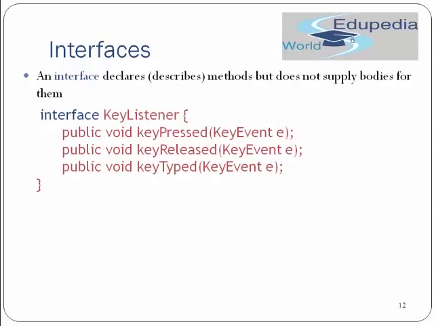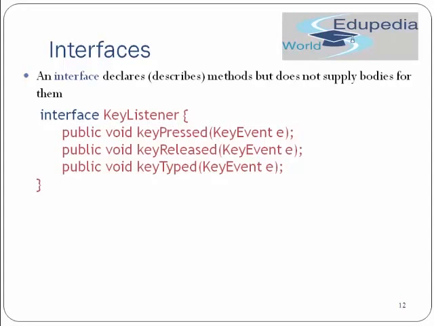You can see there is a keyword called interface and the name of the interface is KeyListener. And then we have three methods, and these methods are a kind of implicit abstract method. Why so? Because an interface can only and only contain abstract methods. It cannot contain simple methods. Okay. So these are abstract methods.